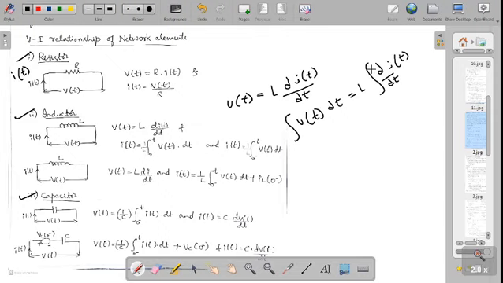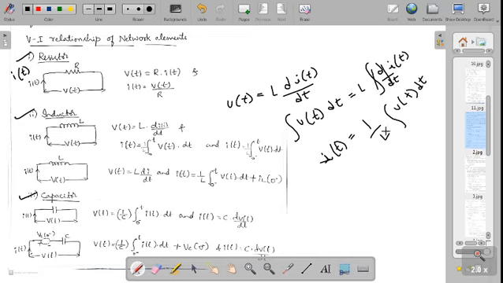So what happens, your differentiation and integration get cancelled. So your I of t turns out to be 1 by L into integration of v of t into dt.